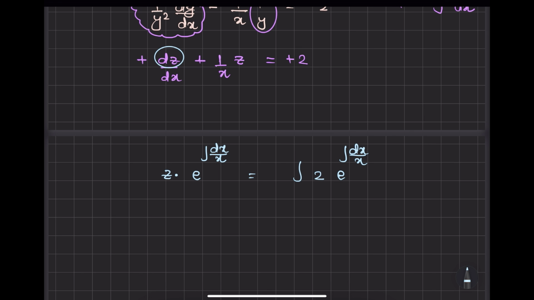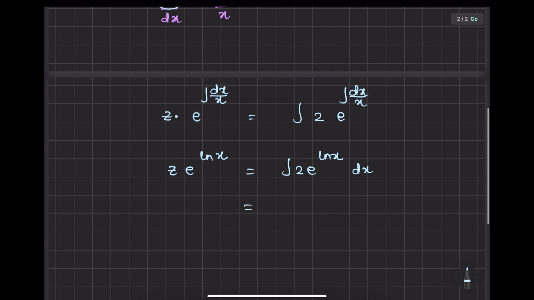So we will have z times e power ln x equals integration of 2 times e power ln x dx, and then x, since e power ln x will become x, and integration of x will become x square by 2.